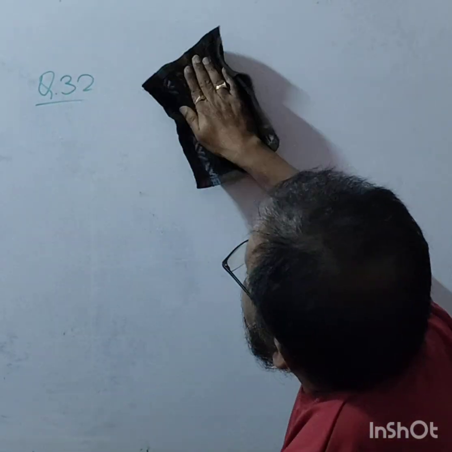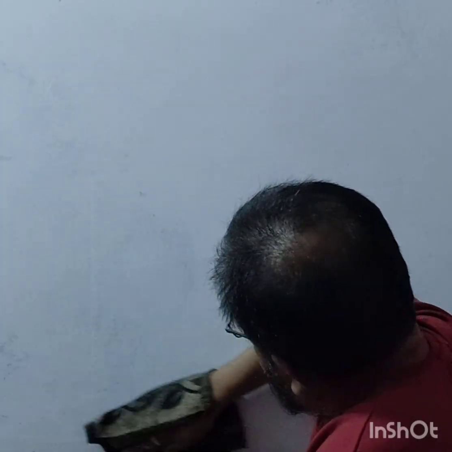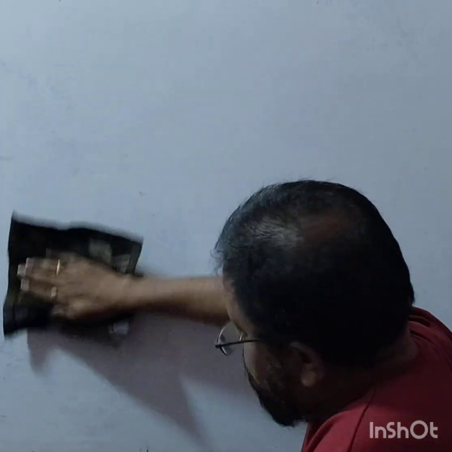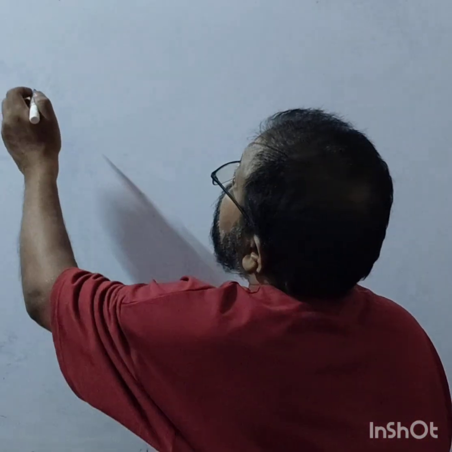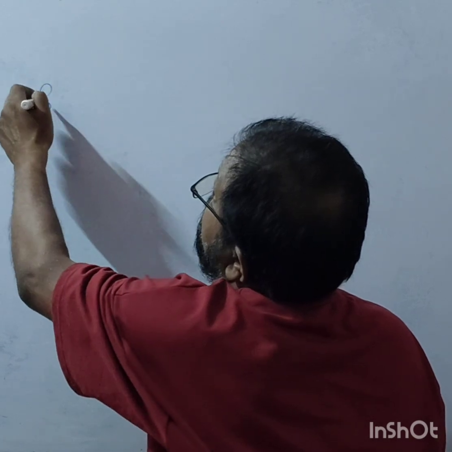What is that? 36, 35. Okay, so now we come to 34. Last questions are there, so you do question number 34. What is that?